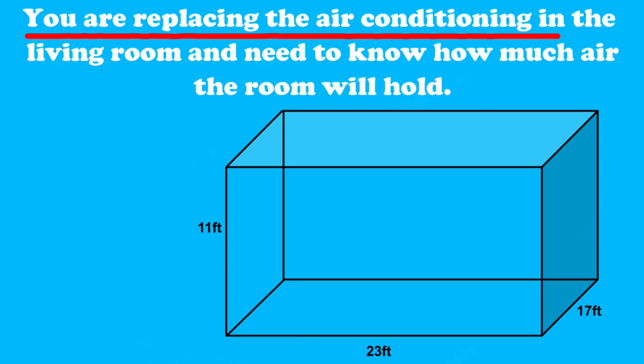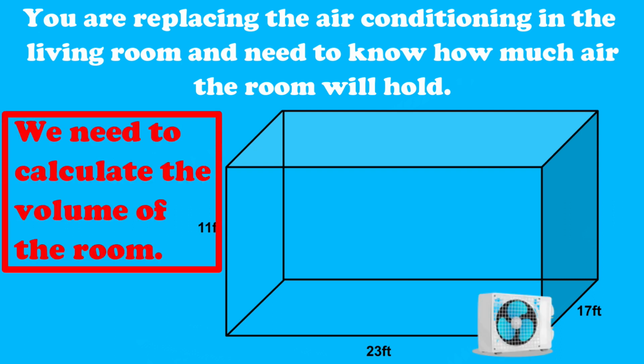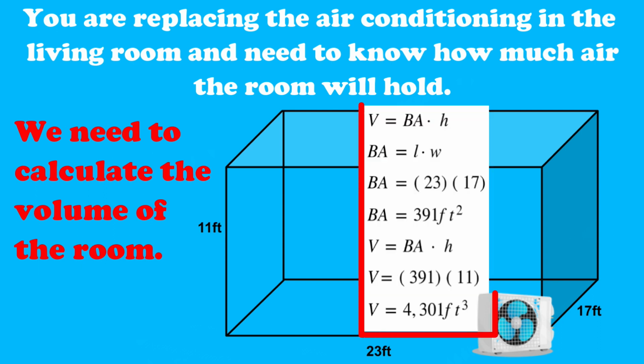We're also going to replace the air conditioning in the living room, and we need to know how much air the room will hold. Well, for that, we need to determine the volume of this rectangular prism. To calculate volume, we take the base area and multiply it by the height of the prism. The base area in this case is length times width, which is 23 times 17. That gives us 391 square feet.